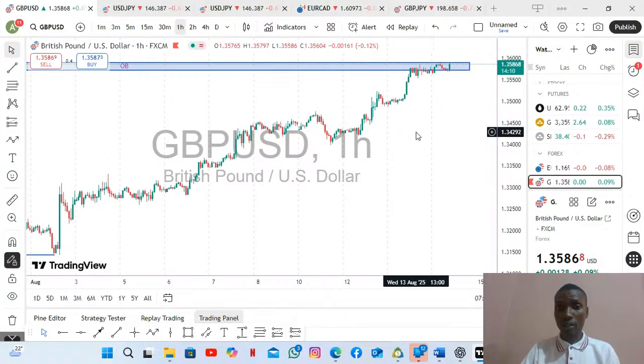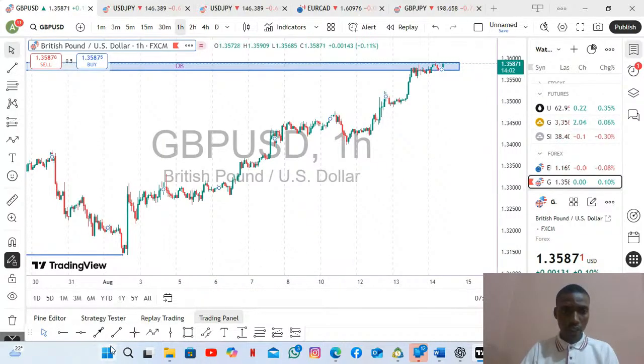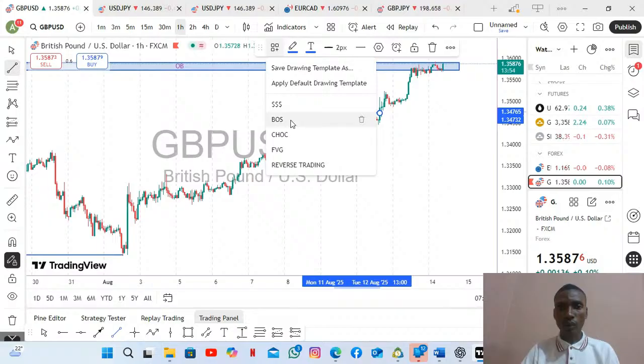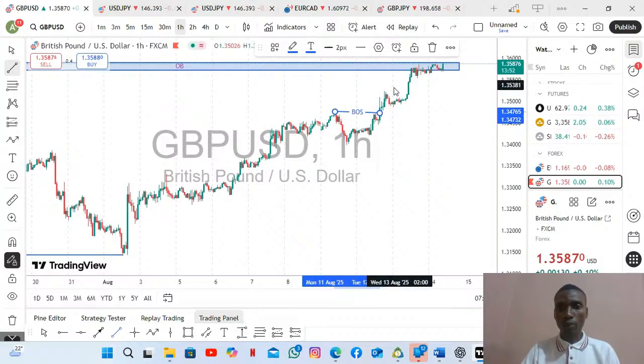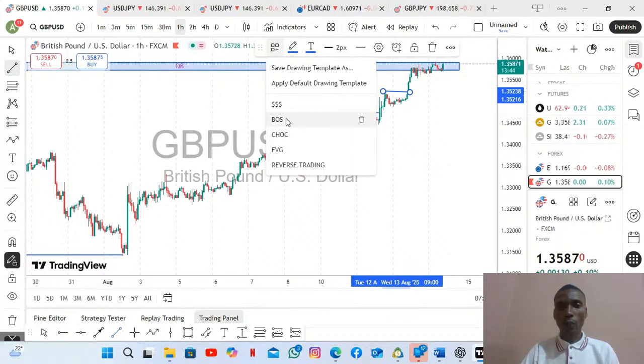We will wait, because if you check well, price went up, went up, went up. Price came here, did a break of structure, still went up, another break of structure, still went up.